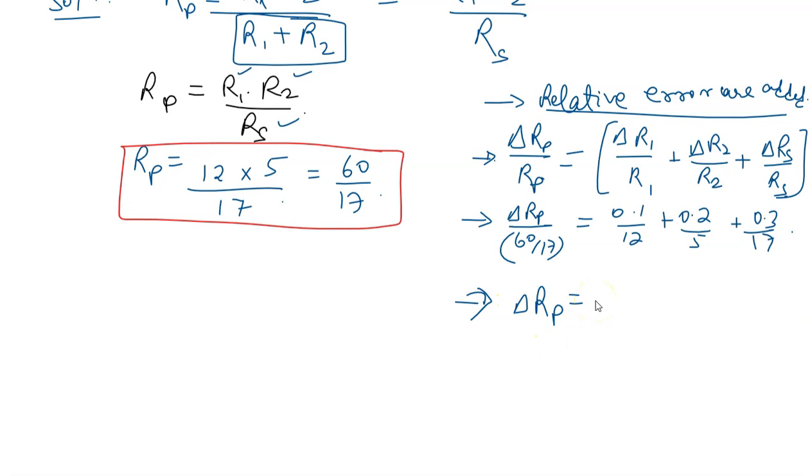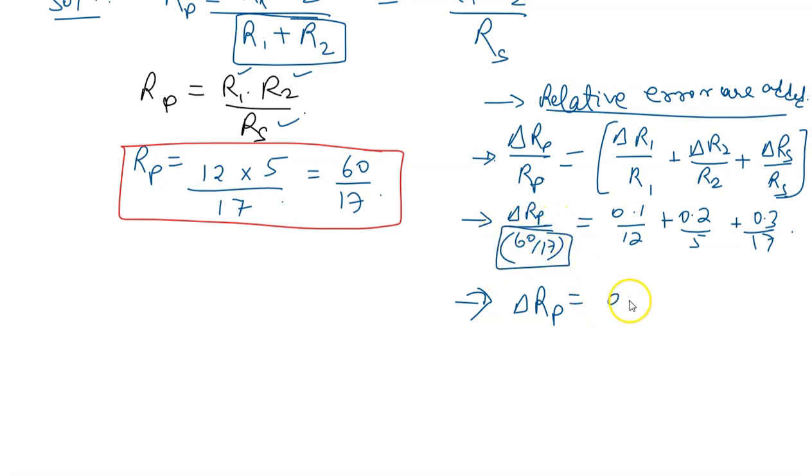So if you just add them, let me quickly use the calculator. You can calculate this manually. So 0.1 by 12, 0.2 by 5, and then I will add to it 0.3 by 17, and I'll multiply this whole by 60 by 17, because this 60 by 17 is divided here.